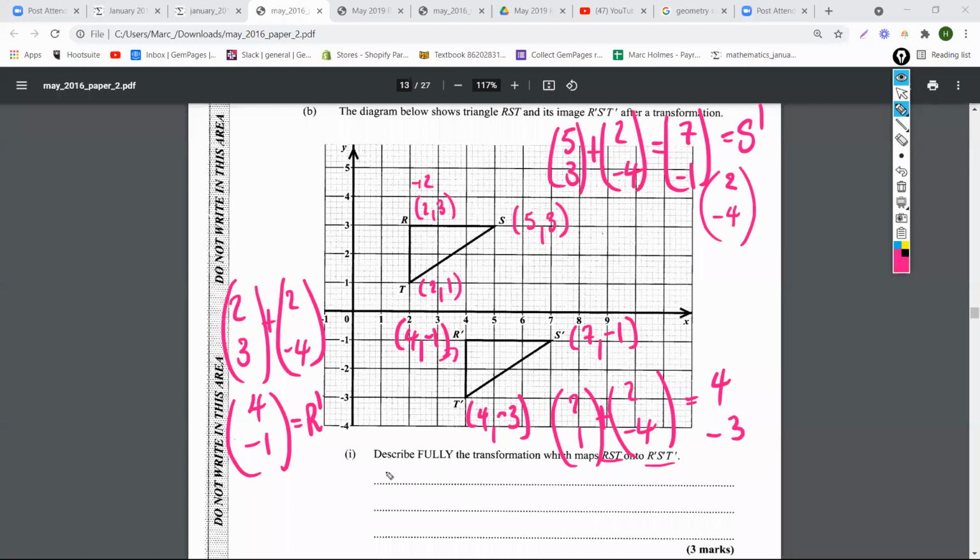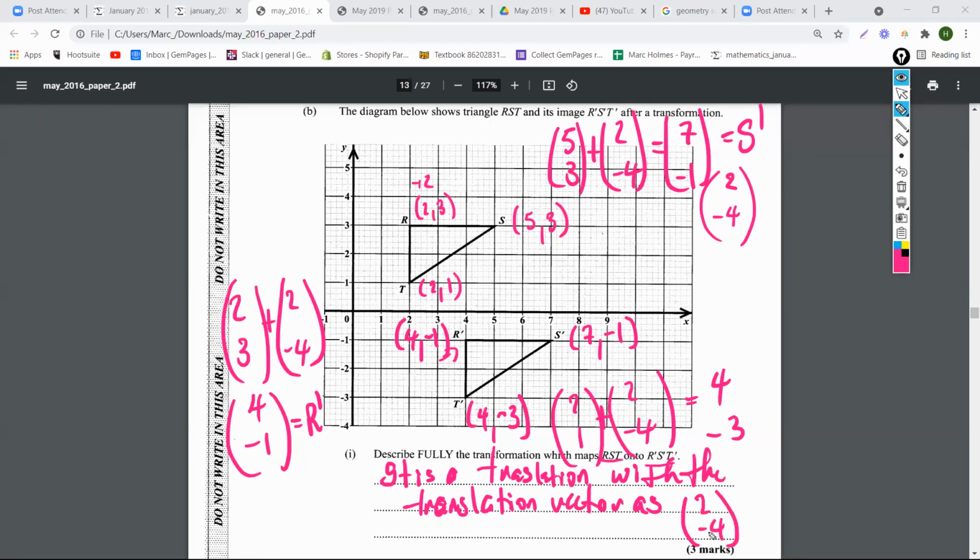So describe fully the transformation. It is a translation with the translation vector as 2 minus 4.